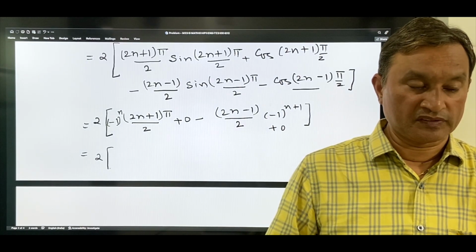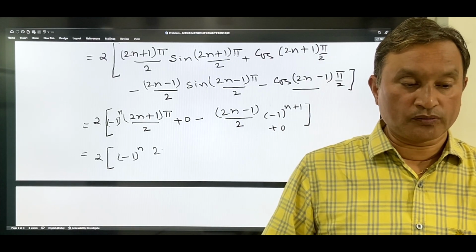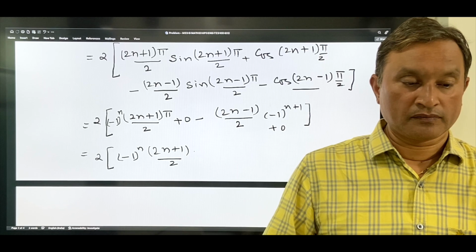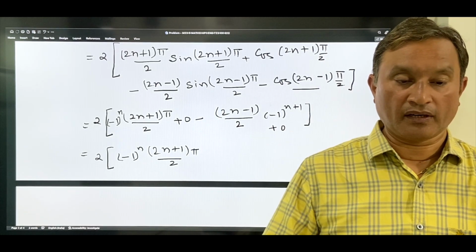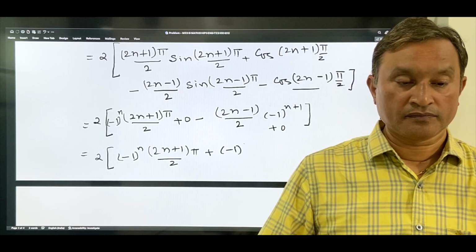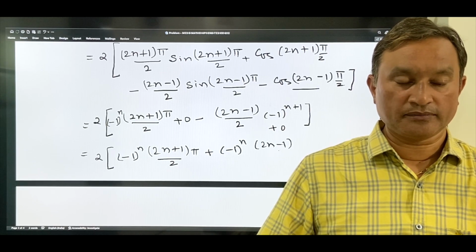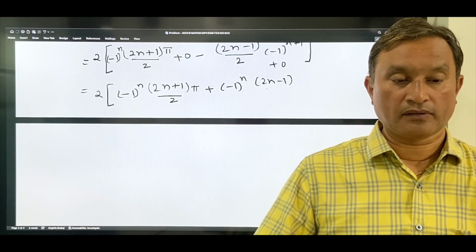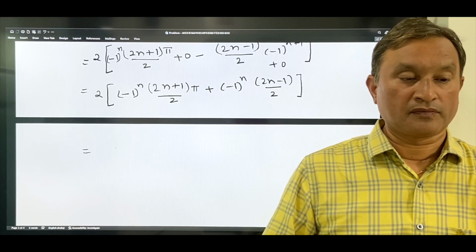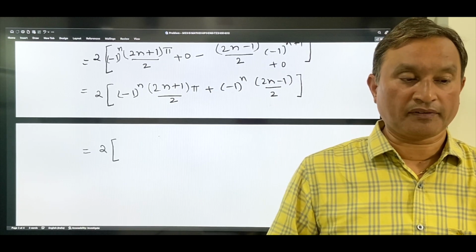So we have minus 1 power n times (2n plus 1) upon 2 pi, plus minus 1 power n times (2n minus 1) upon 2. Now we will further simplify here.